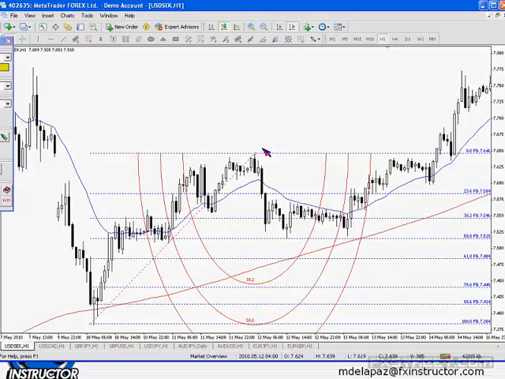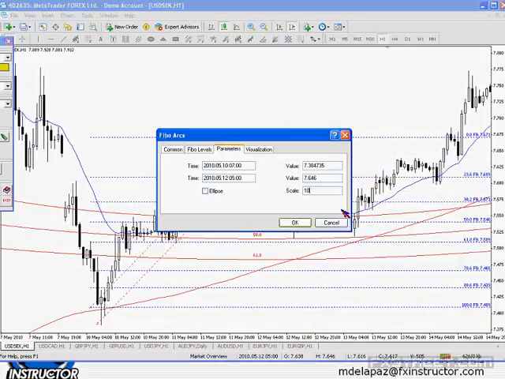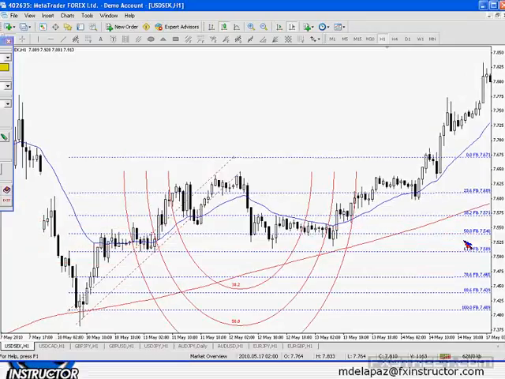There's a problem with the scaling of the Fib Arcs. You really have to adjust it to the tenths if you're working with, the problem is we're working with 3 digits. So there's a scaling problem when you're using Fib Arcs.